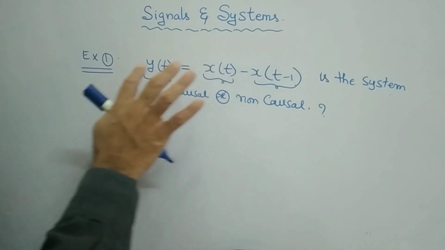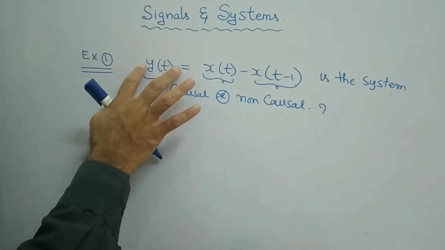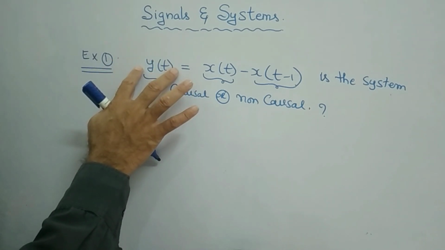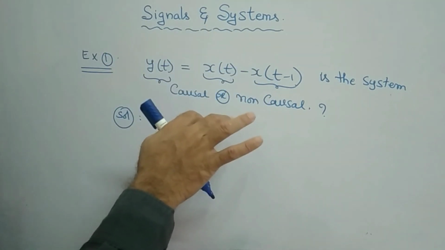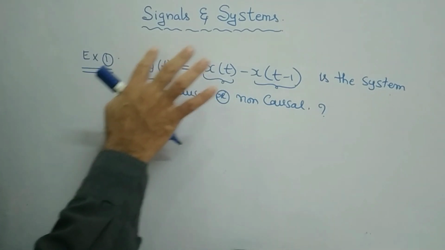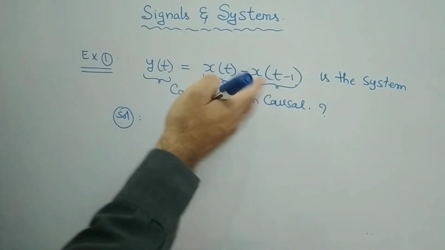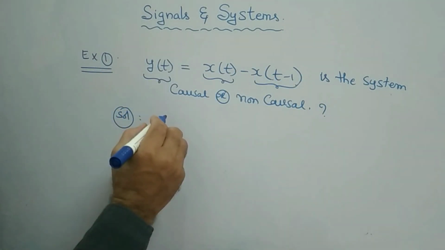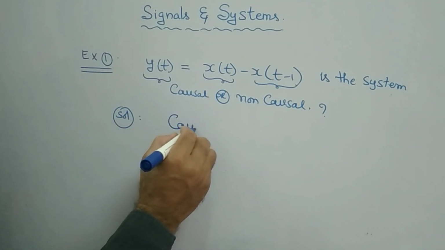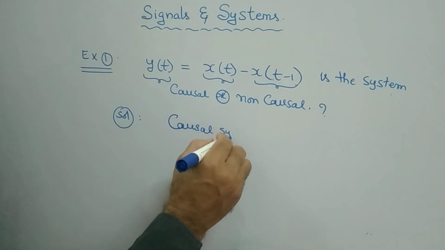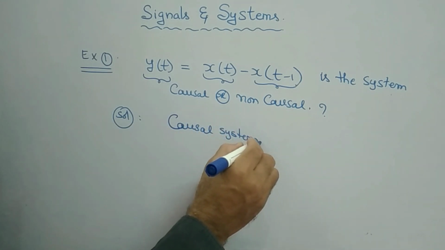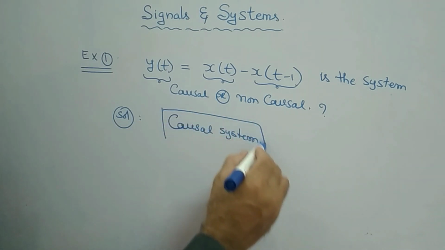So y of t is called the present output and x of t is called the present input. Therefore, the present output depends on the present input as well as the past input. Therefore, this system is definitely a causal system. Why?